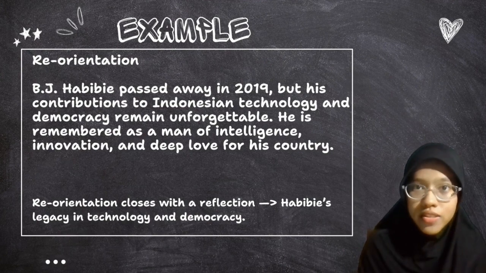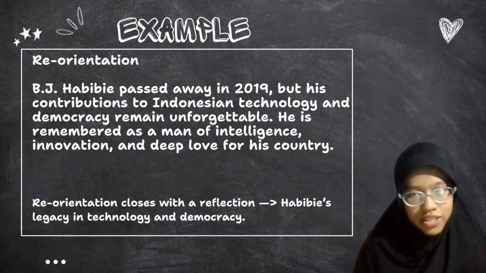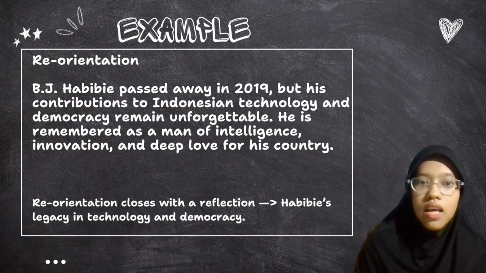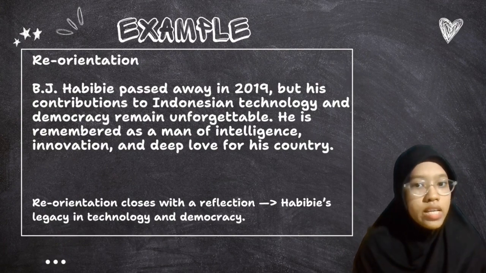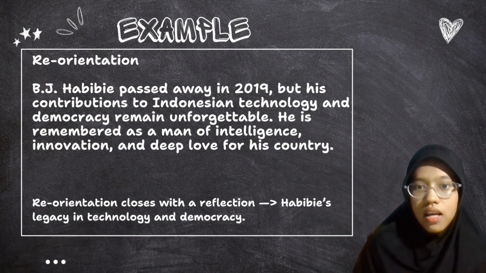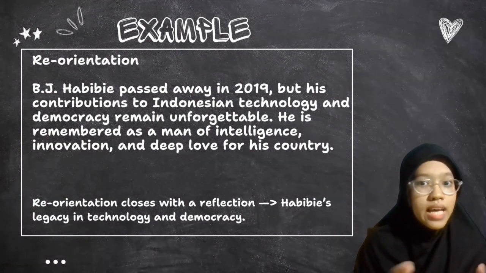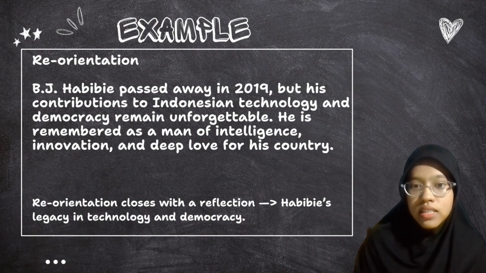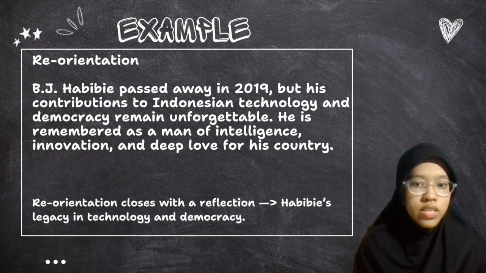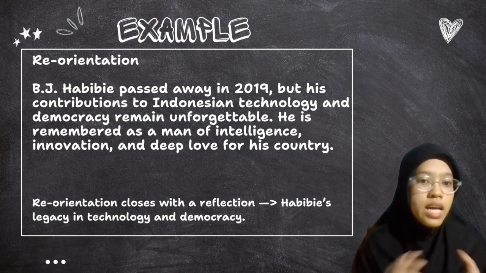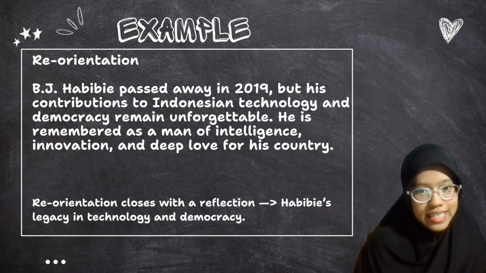Now we move on to the last part, which is the reorientation. B.J. Habibie passed away in 2019, with his contribution to Indonesian technology and democracy remaining unforgettable. So this gives a closing section with a reflection about B.J. Habibie's legacy in technology and democracy.